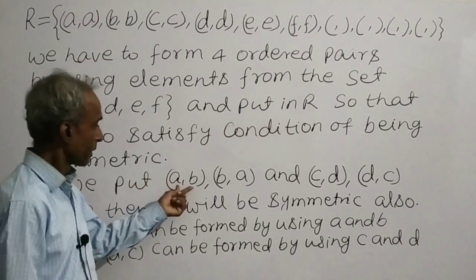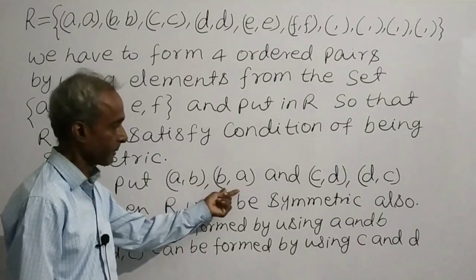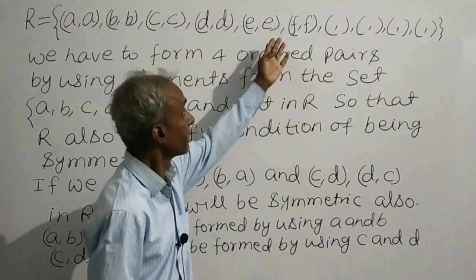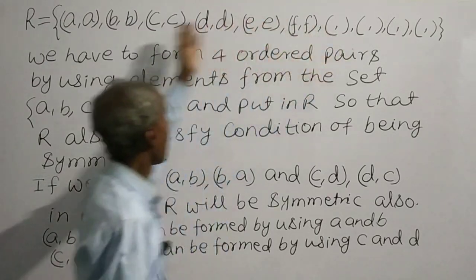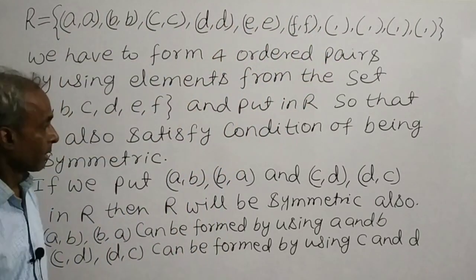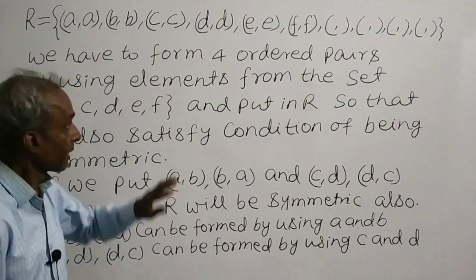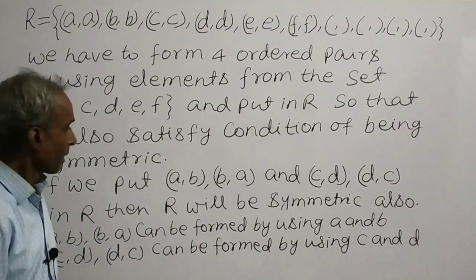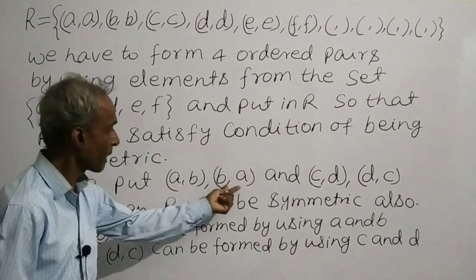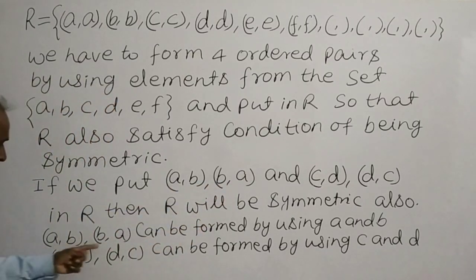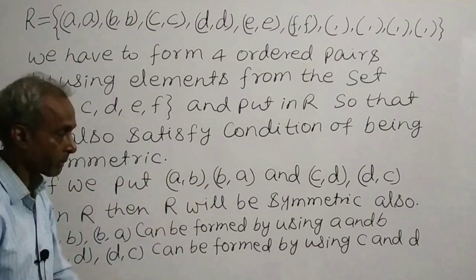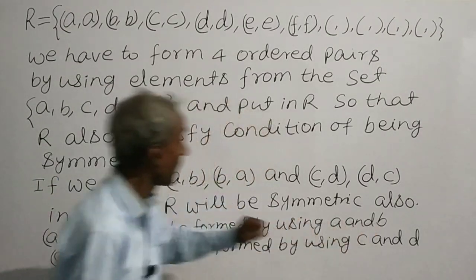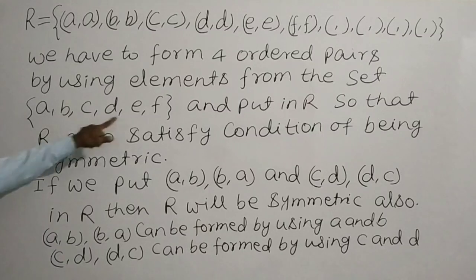If we put AB, BA and CD, DC inside this R, then R will be symmetric also. But these 2 ordered pairs can be formed by using only 2 elements A and B from this set.